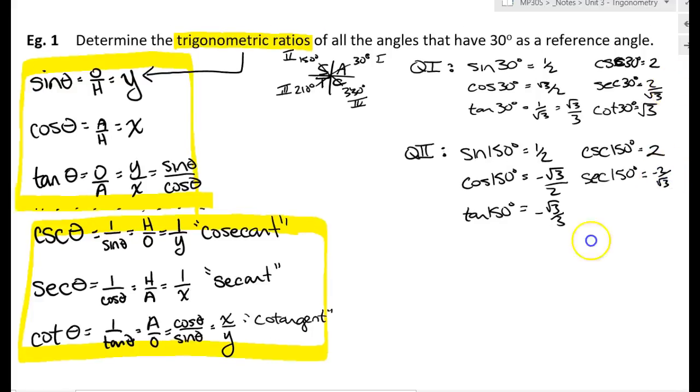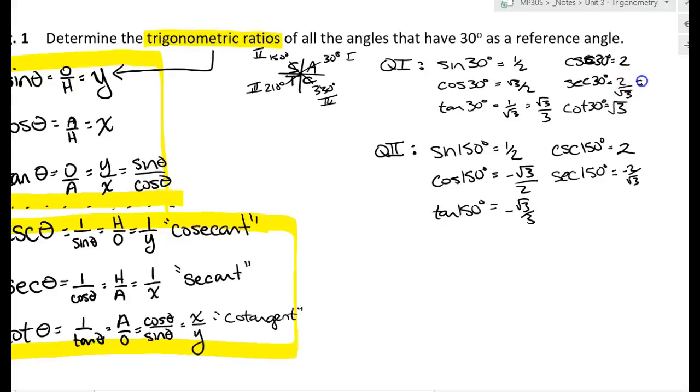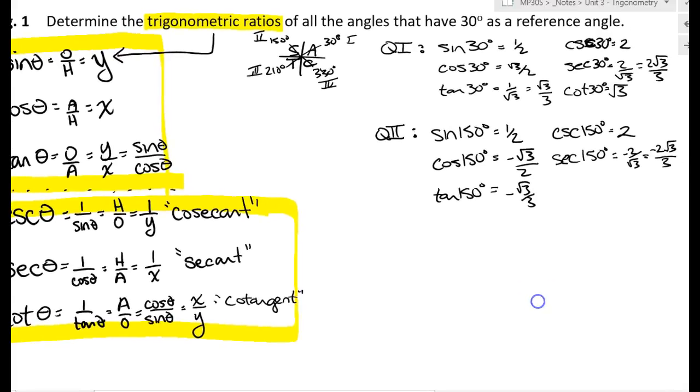Now you could actually rationalize these and call it 2 root 3 over 3. That would be fine. You do not have to do that, but it's also good practice for understanding that whole rationalizing idea that we saw in our previous unit. And then cotangent of 150 is going to be negative root 3.